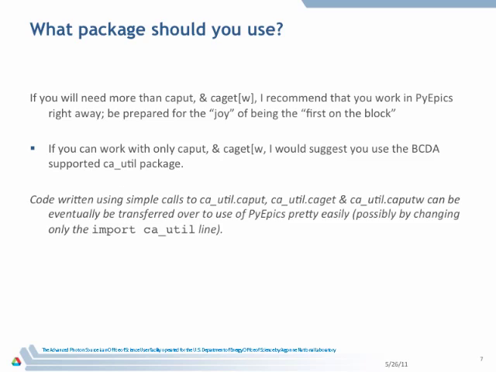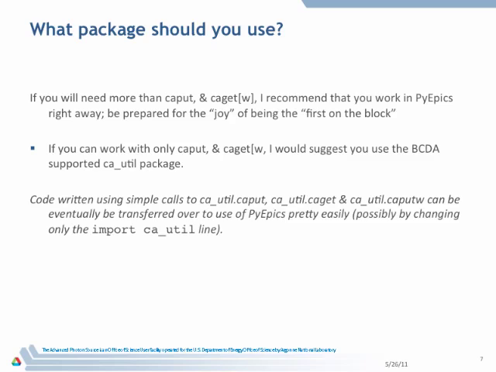If you're going to need more features than these CA_put and CA_get, and actually it's put_w, not get_w, I recommend that you start directly in PyEpics, even though it's not yet being supported. IT and BCDA all have to figure out how to get it onto your computer. But if you can get by with just put and get, then I suggest you start with CAUtil.